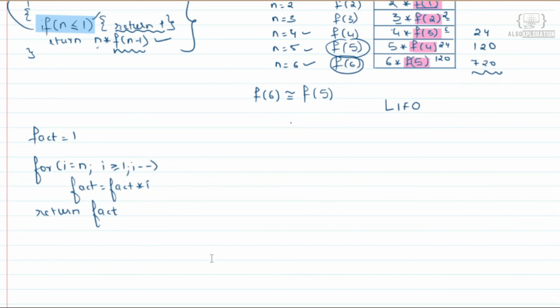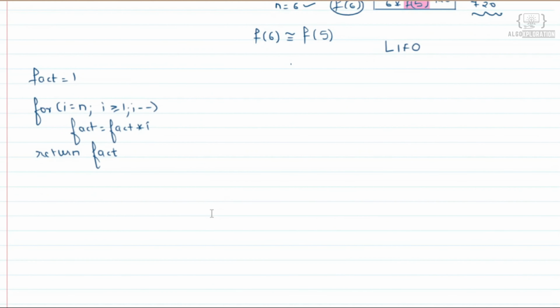Now let's understand the final point. This piece of code is also used to find the factorial of a number, but this is not recursive code, it is iterative code, and it uses one unit of stack.